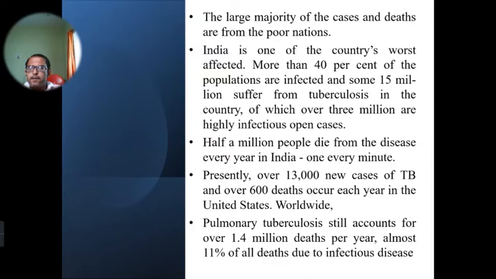But in most of these infections, Mycobacterium tuberculosis has not resulted in disease. Out of that 40%, 15 million people suffer from tuberculosis in our country, of which over 3 million are highly infectious open cases.